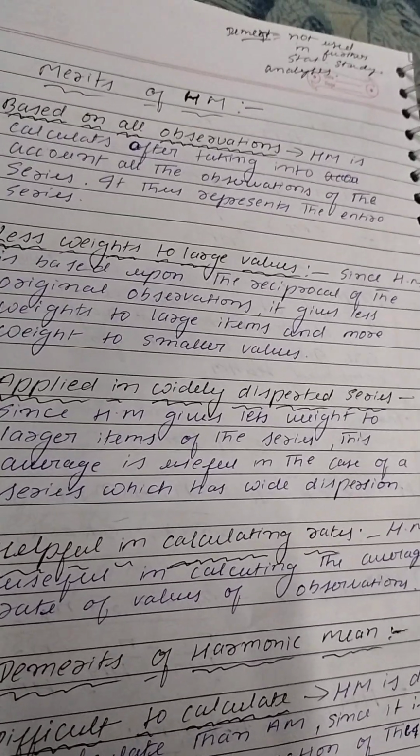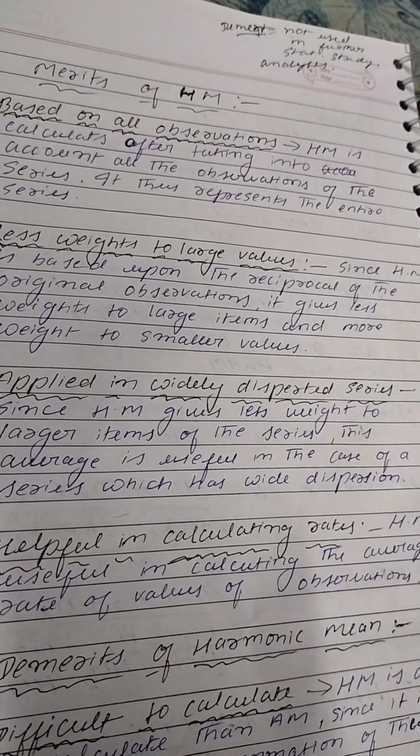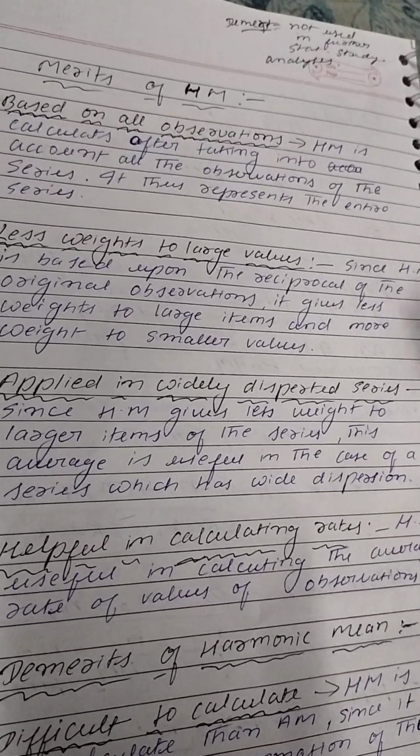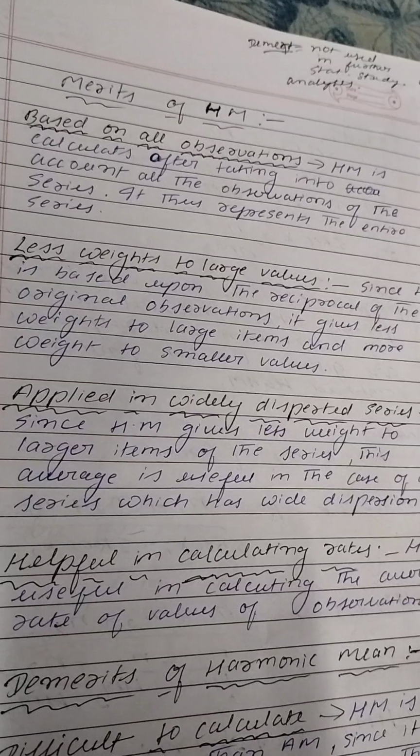Let's suppose you are taking an example of which is greater, 1/2 or 1/4. It is certain that 1/2 is greater than 1/4. So it is like that when you are reciprocating.